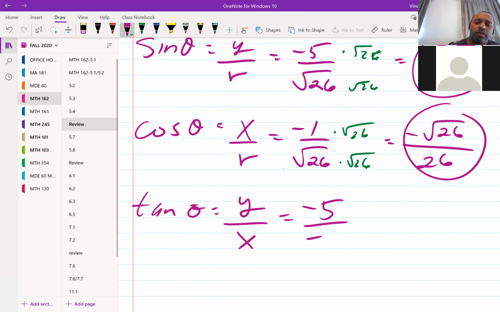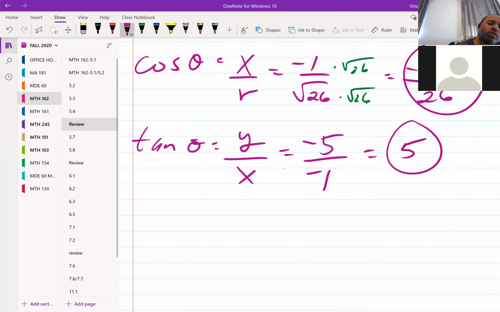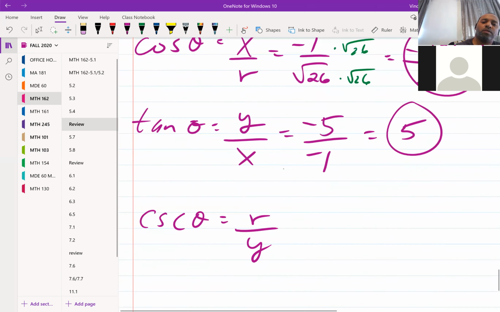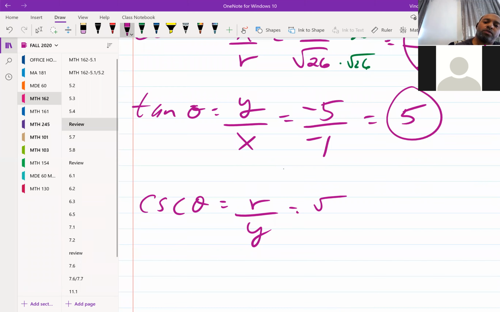So here this is just -5 over -1, which is positive 5. And then cosecant. Cosecant is the inverse of sine. So that's square root of 26 over -5.